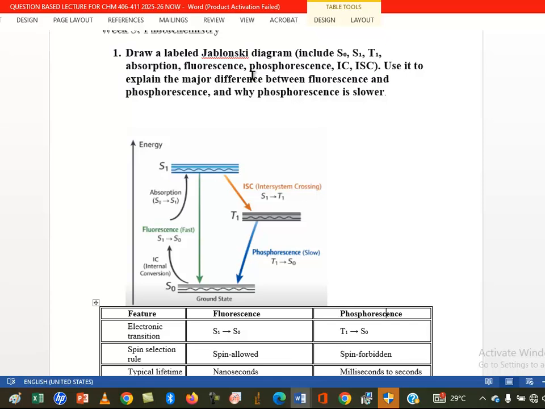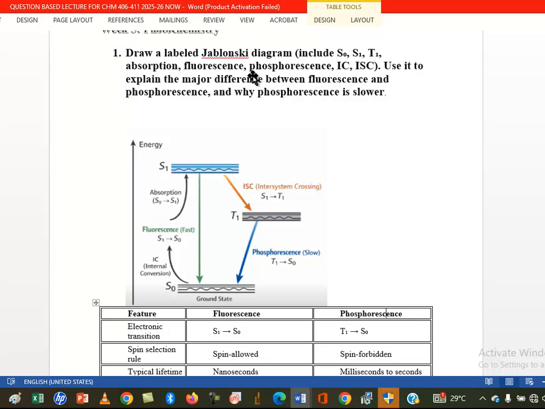When the light goes off, it still glows for some time. The source has been removed, but it is still glowing, so it's a slow process. But for fluorescence, like the dollar note, once you remove the source, you don't see it anymore. So it's a fast process.